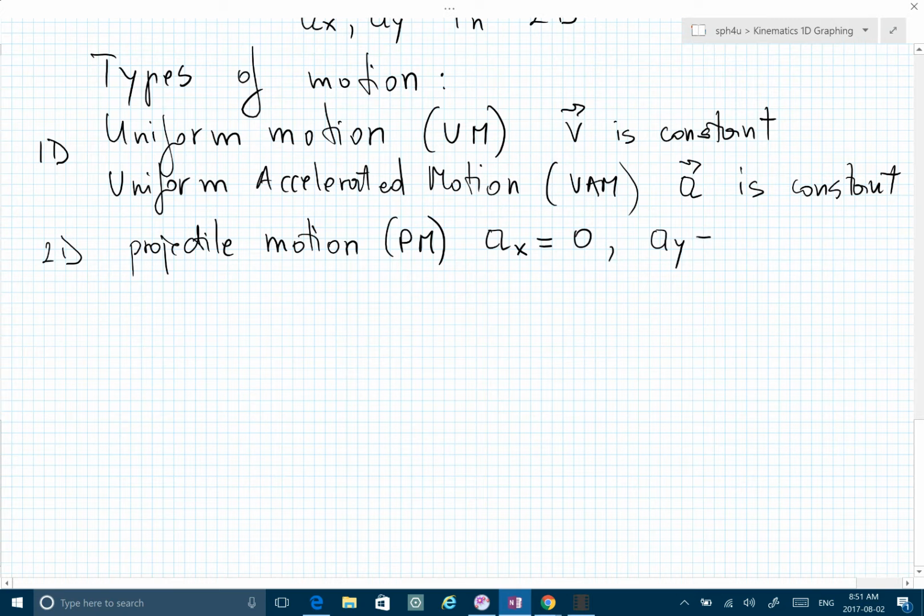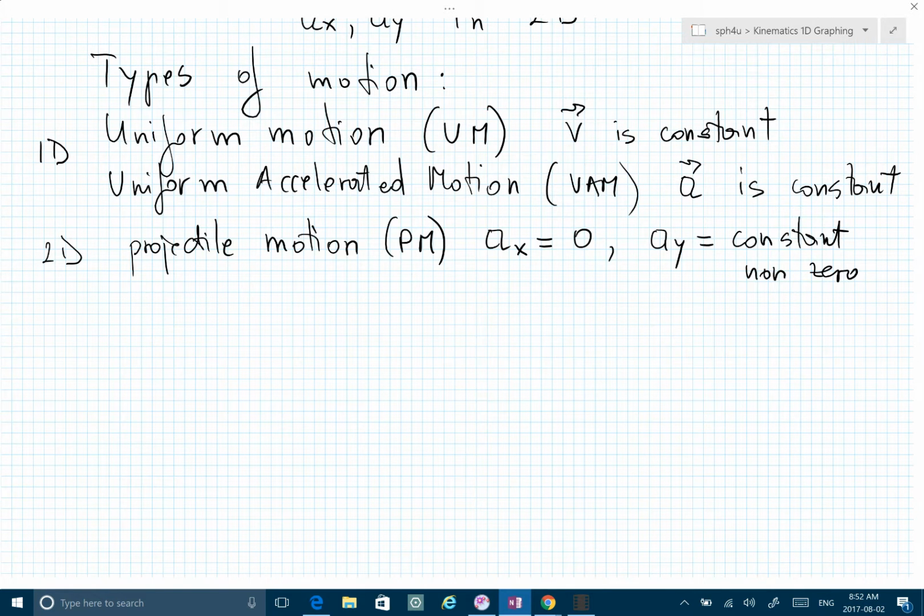The y component is constant, non-zero. Right? So gravity, for example, two-dimensional motion of a projectile, an object under the influence of gravity only, or the motion of an electron in an electric field, and so on and so forth.